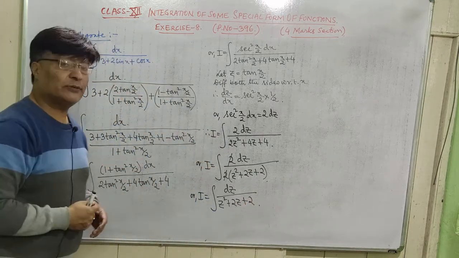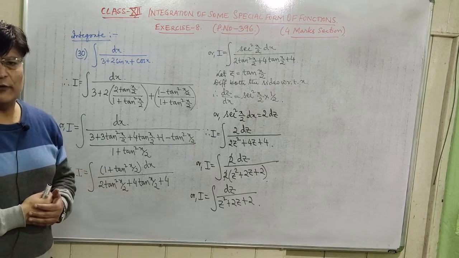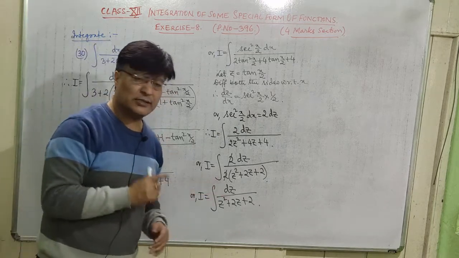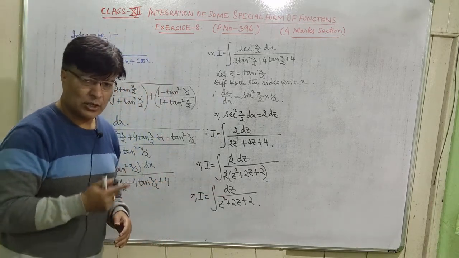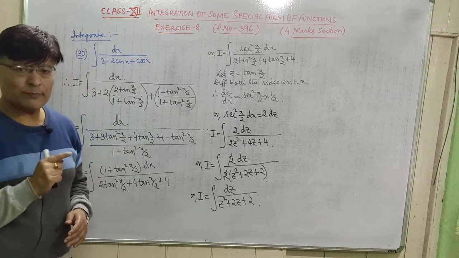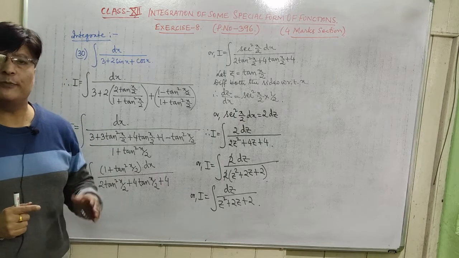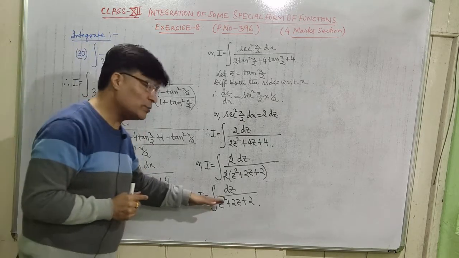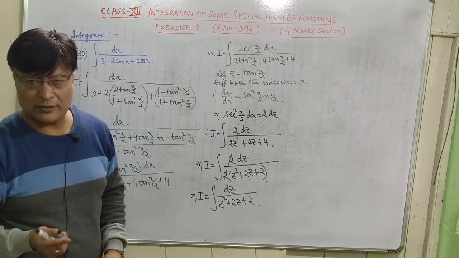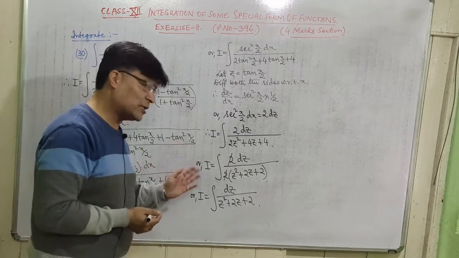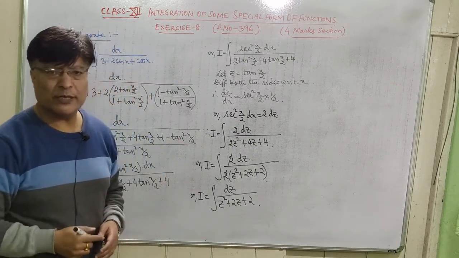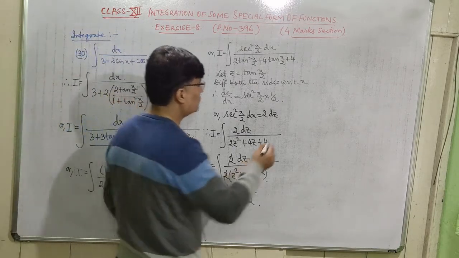So now you should convert into standard form. You know how to convert into standard form, isn't it? Both the terms are there, that is z square as well as z. So let us convert this z square plus 2z in terms of perfect square, that is a square plus 2ab plus b whole square. So here the coefficient of z square is already positive 1. So let us convert this expression in terms of a plus b whole square form.